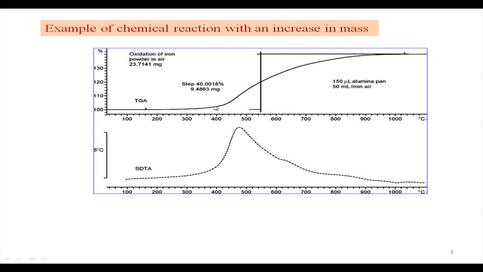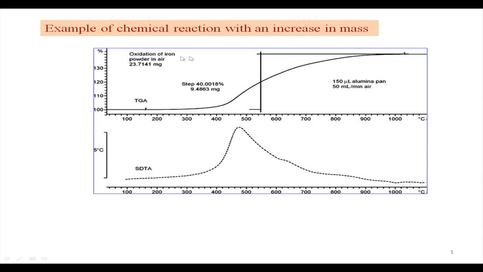That means, in the case of the oxidation of iron in air, we have taken roughly about 23 milligram of this particular sample, and we heat the sample on an alumina pan. So, this particular part we see how much we get, that means this particular change.